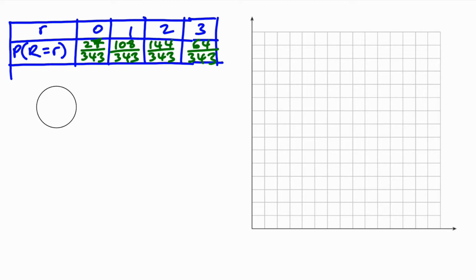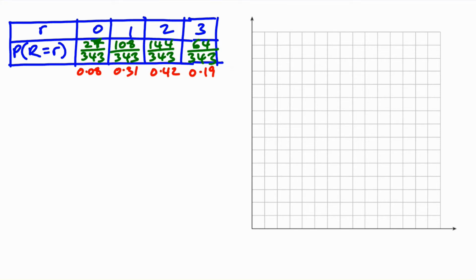Obviously it may be difficult graphing these fractions, so what I'm going to do is write them as decimals. So this is 0.08, approximately 0.31, 0.42, and 0.19, just so that I can graph them easily.